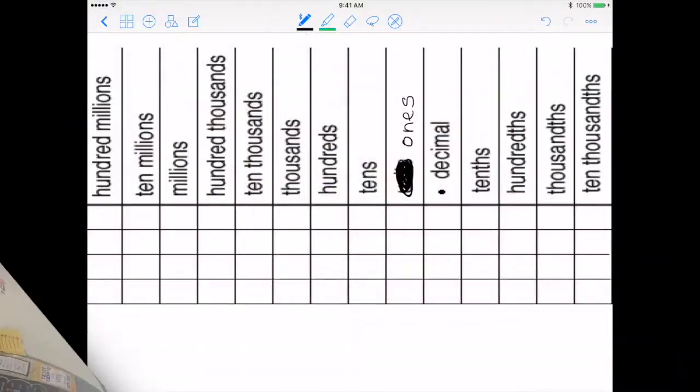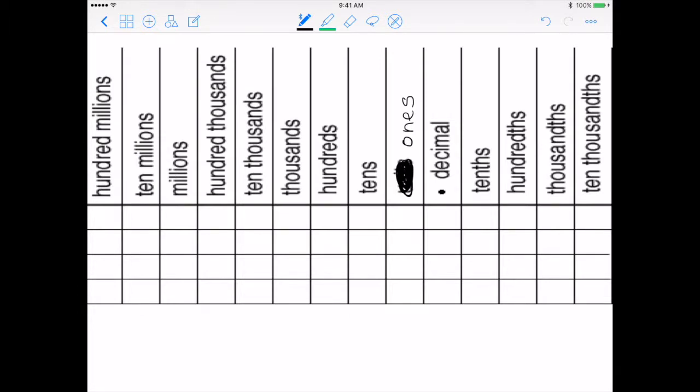So let me go ahead and switch over here to my place value chart and we'll get started with this. Okay guys, so as you can see here, we have our place value chart.